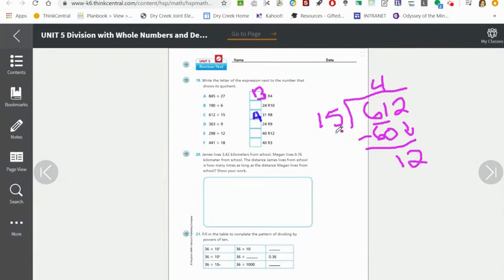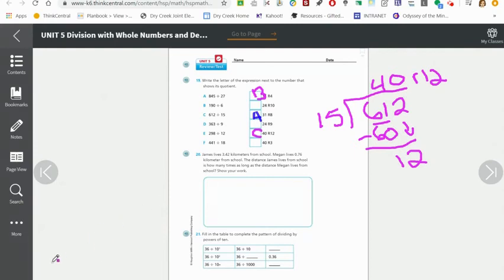Oh, but look, 15 does not go into 12 because 12 is smaller than 15. So that means I'm done, but I have an extra holder here, so it's got to go in 0 times with my remainder of 12. So I'm going to look for 40 remainder 12 and write the answer on the side. And I see it here, so I write in C right there.